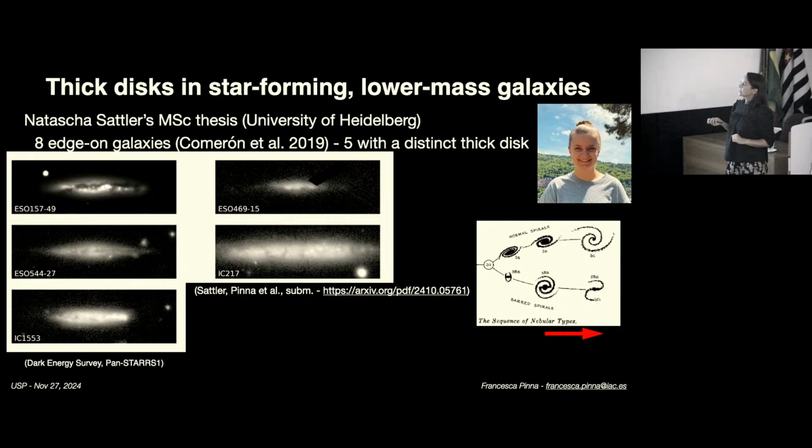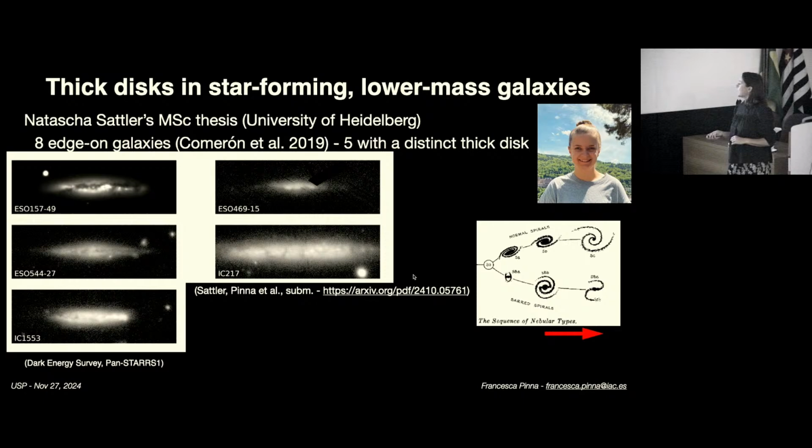And of these galaxies, 5 of them have a clear double disk structure. Well, 3 of them have only a single disk. So this was the work from my former student at the University of Heidelberg, Natascha Sattler. This was actually her master thesis, and she has submitted a paper recently, which is already on the arXiv if you're curious to check it.